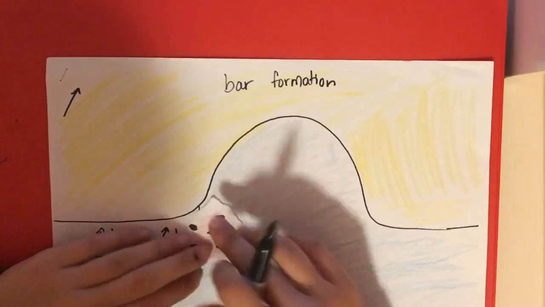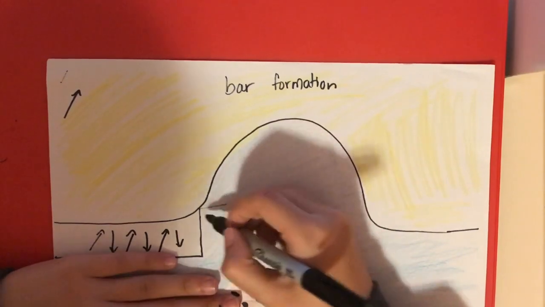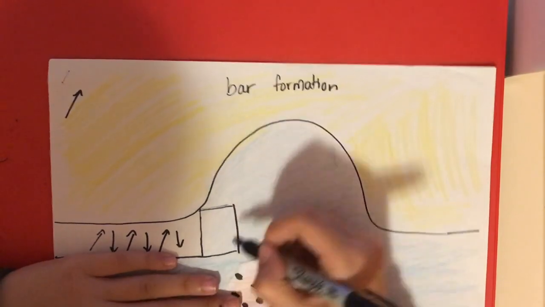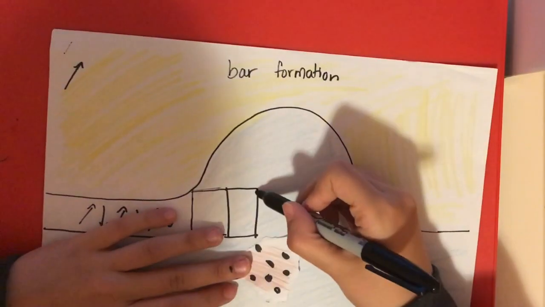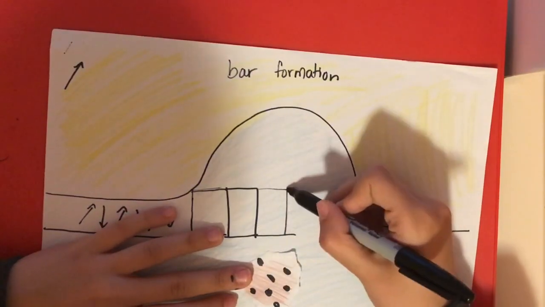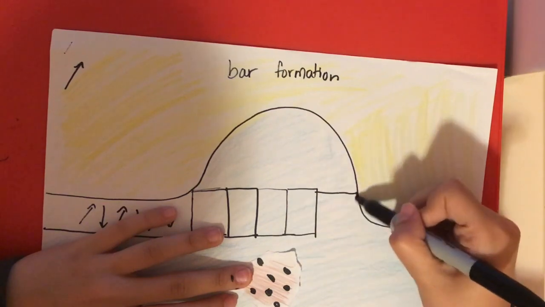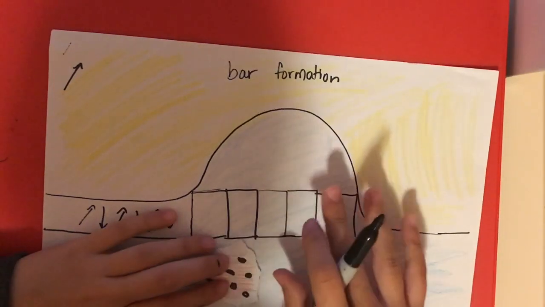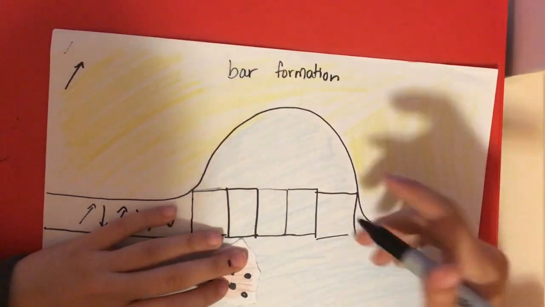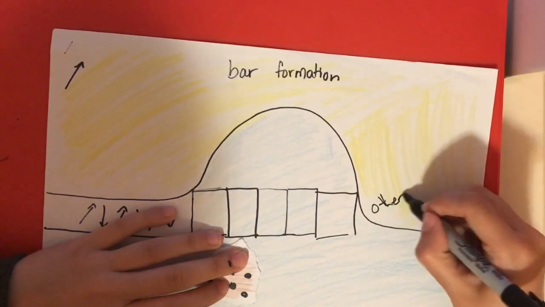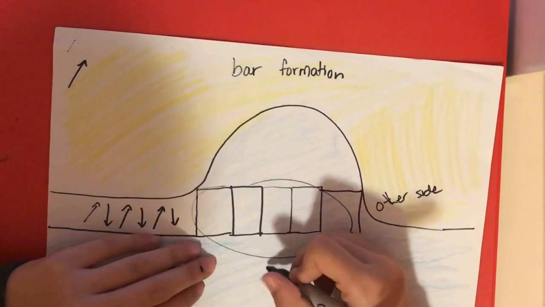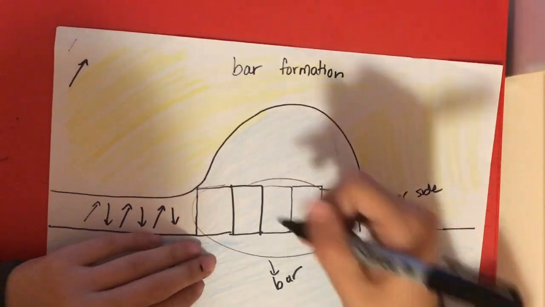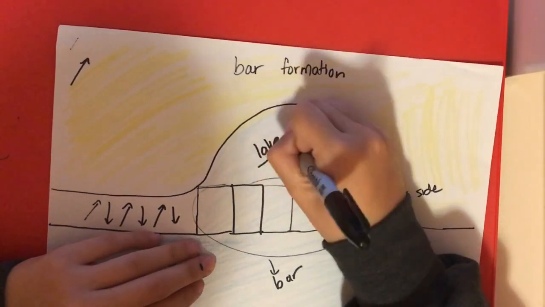The spit increasingly forms right here, and it just increasingly grows as the sediment moves down, until it is able to merge with the other side, which is this. And thus it forms a bar. So this is known as a bar. However, it also forms a lake right here.